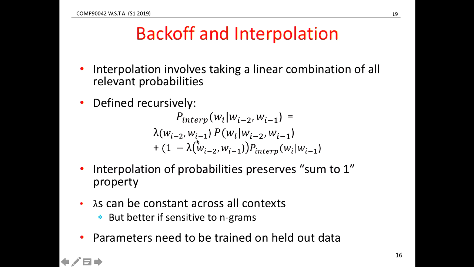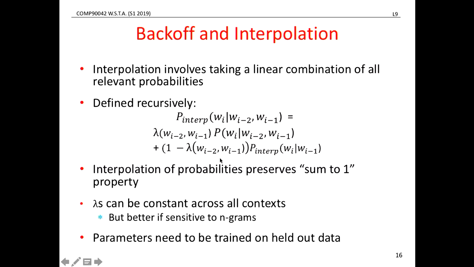Now this constant here, again, for maximum generality, it's a function of the context. You could implement it just as a constant and use it the same across all different n-gram contexts. But oftentimes it's actually worthwhile having different amounts of interpolation for different contexts. For instance, if the context is seen a lot, then maybe you don't want to interpolate, right? You trust your trigram model. If the context is very rare, you don't trust it. You want to back off.